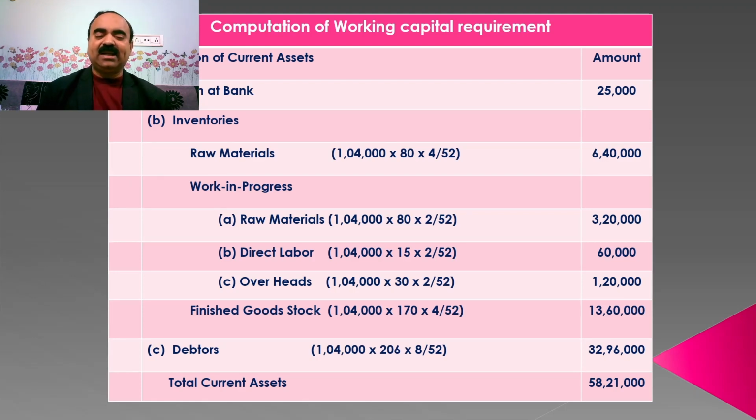Debtors amount is calculated by multiplying 1,04,000 with 206, and debtors period is given as 8 weeks. Hence, we multiplied these values with 8 by 52. And finally, we got the amount of 32,96,000. After adding all components of current assets, the total current assets value is finalized as 58,21,000.